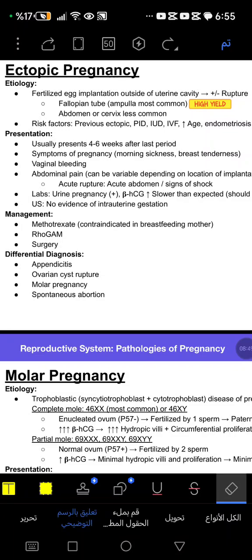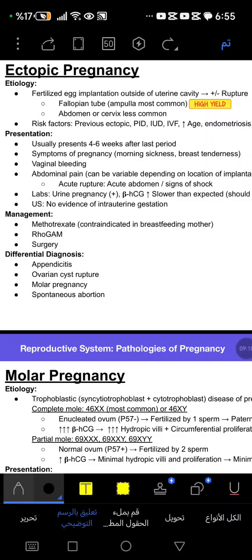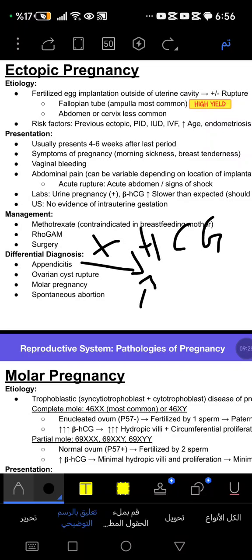It's a unilateral lower quadrant pain, almost never bilateral. Ectopic pregnancy pain is never bilateral; it's always unilateral. So we have some differentials here. What are the differential diagnoses? We have appendicitis, but appendicitis does not cause HCG elevation, and appendicitis has fever and rebound tenderness.